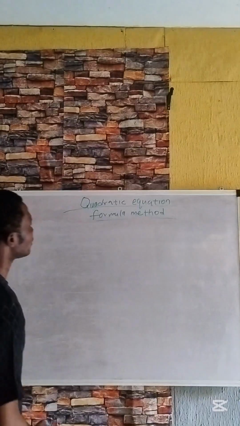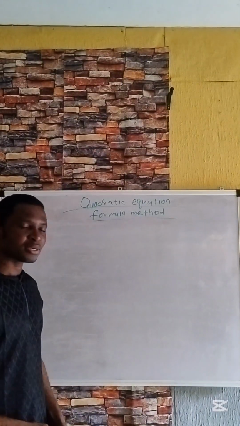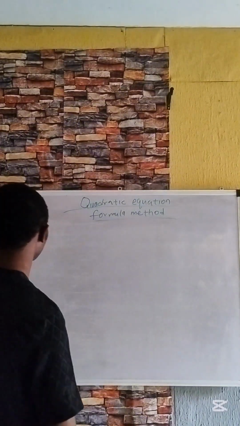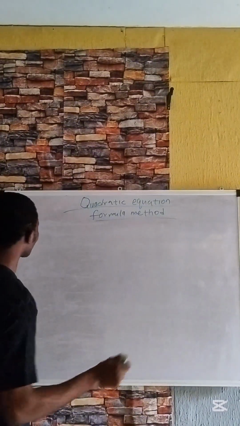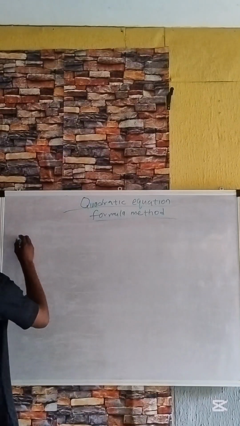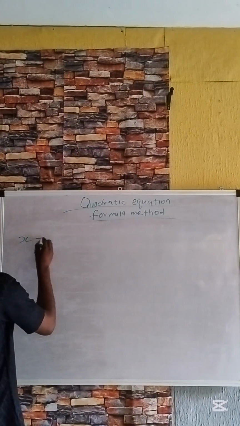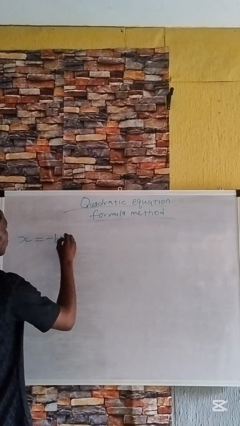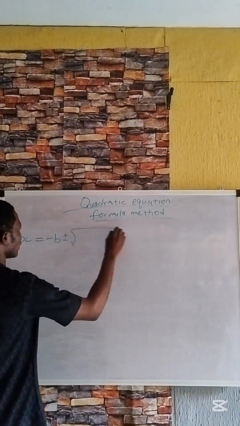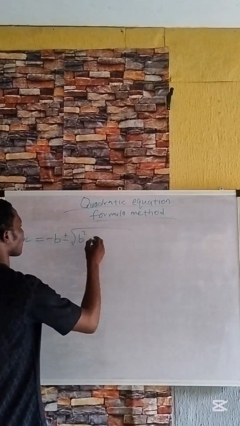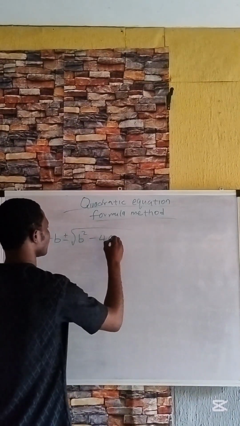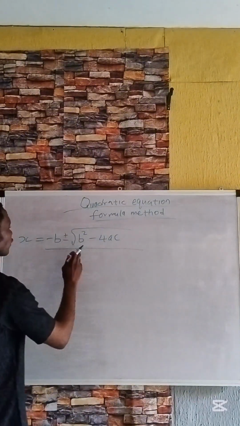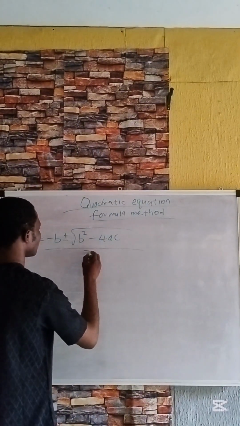So the formula method is talking about the formula you can use to solve a quadratic equation. Some people like to call it the almighty formula. But this is how it looks like. x equals minus b plus or minus the square root of b squared minus 4ac, all over 2a.